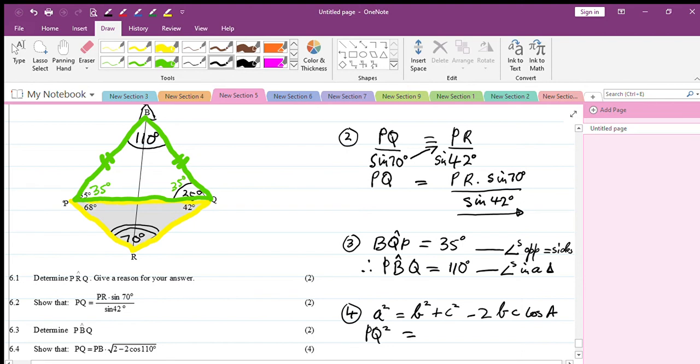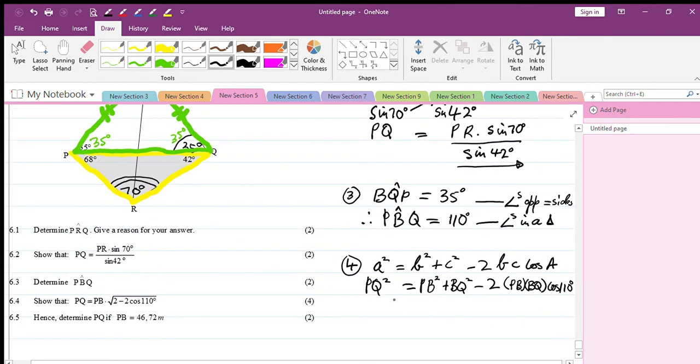So it will be PB squared plus PQ squared minus 2 times PB times PQ times cos of A. The only angle that is included between the two sides is 110 degrees.